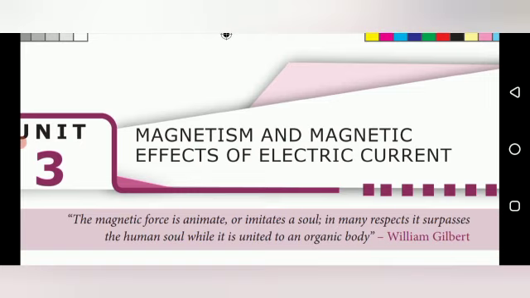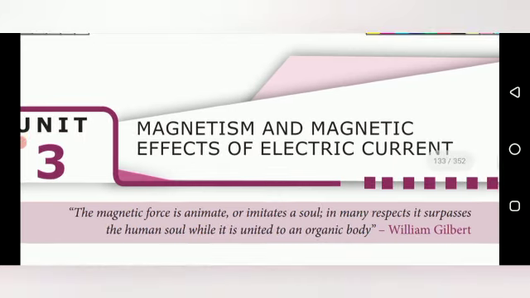A dipole is separated by a distance from the center point. Like that, here also the bar magnet is considered a dipole separated by a distance from its center. If you are thorough with the first lesson, the third lesson will also be easy to study.